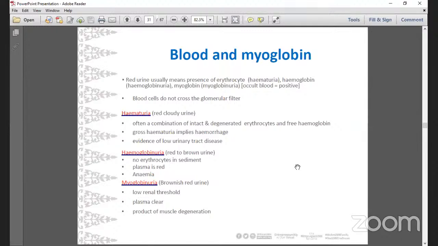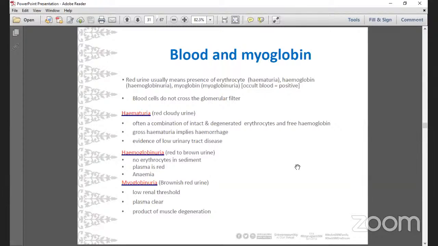So how do we differentiate between hemoglobinuria and myoglobinuria? We can do a special test, the 80% saturated ammonium sulfate precipitation test. This one we use to differentiate hemoglobin and myoglobin.